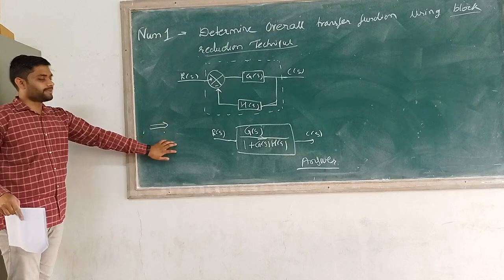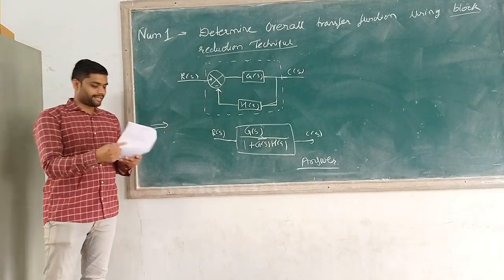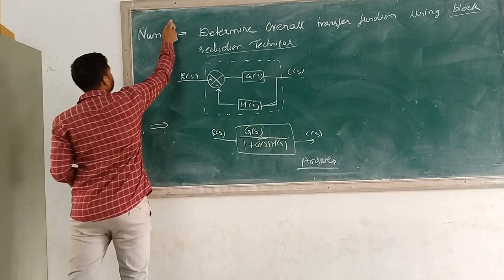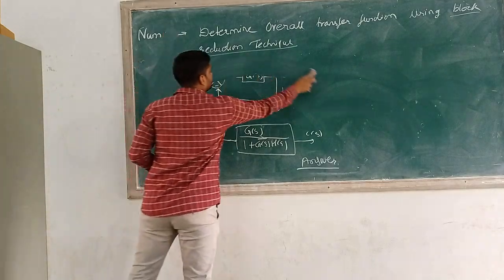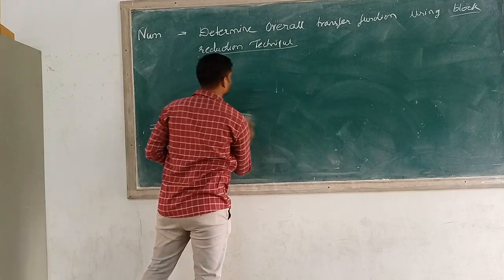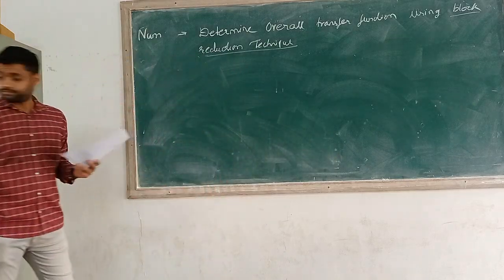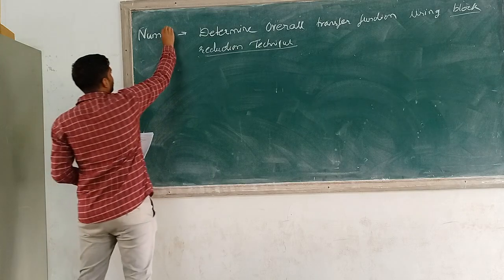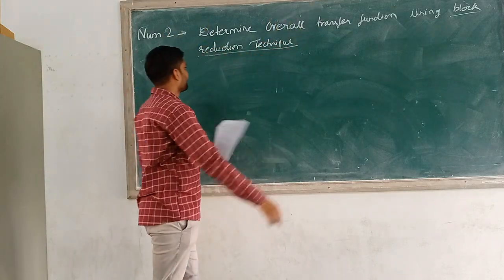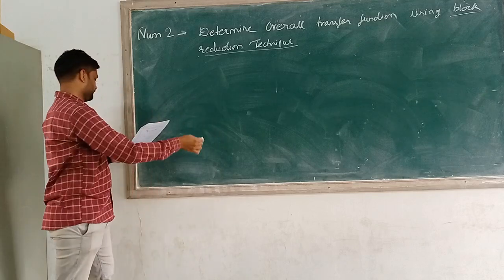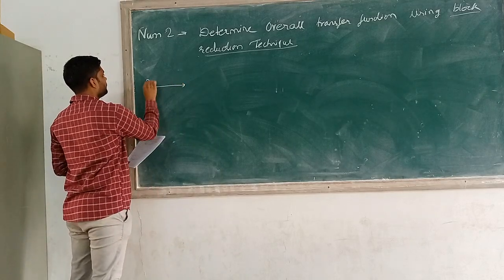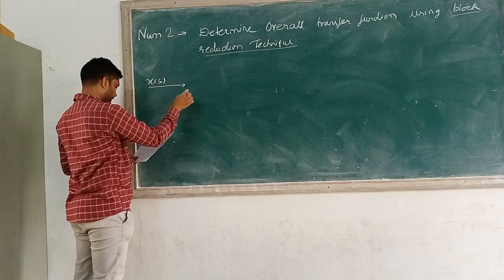First numerical quite simple. Now we are going to take second numerical. Determine the transfer function using block diagram reduction method. Here is the block diagram. This is input X of s.